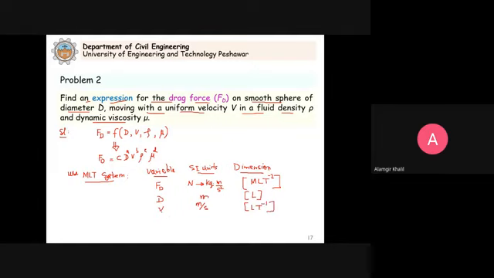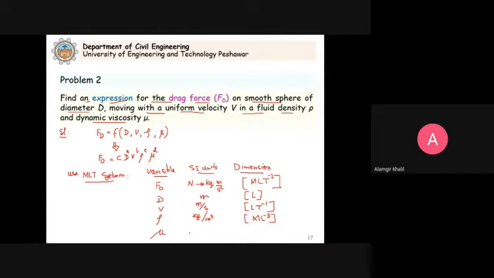The mass density is kilogram per cubic meter, which can be written as M L to the power minus 3.